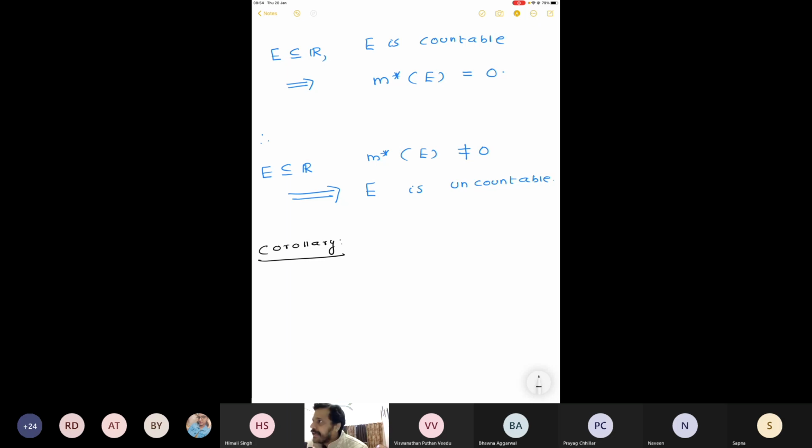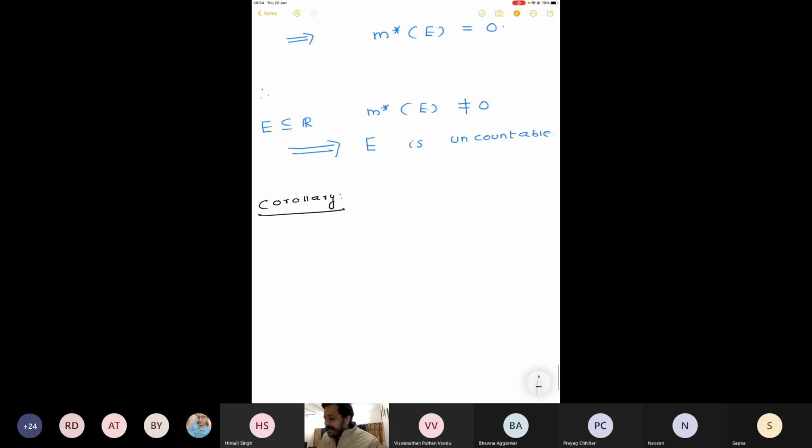When I say non-trivial, I mean the null set can be treated as an interval, the open interval (a, a), and a singleton set can be treated as an interval, the closed interval [a, a]. Apart from these two trivial cases, any other interval will be uncountable. You can deduce that from the previous result.